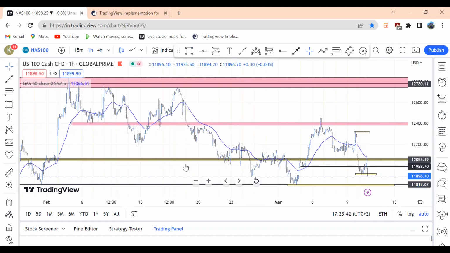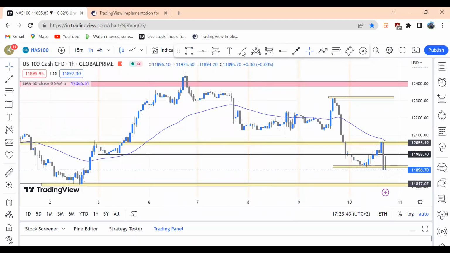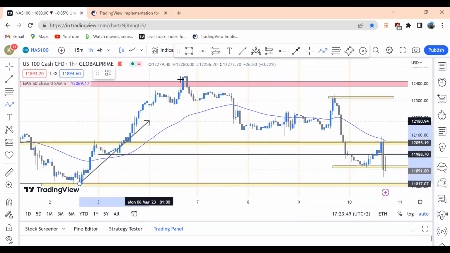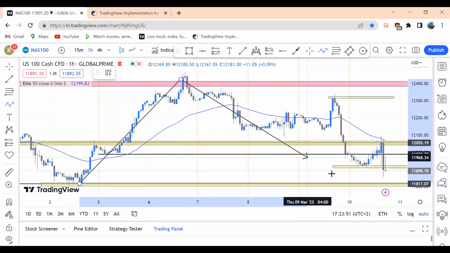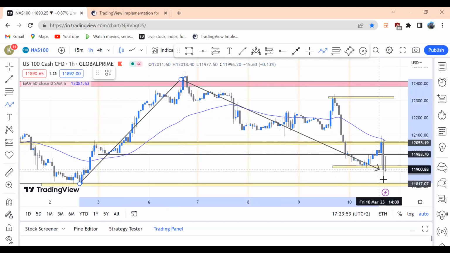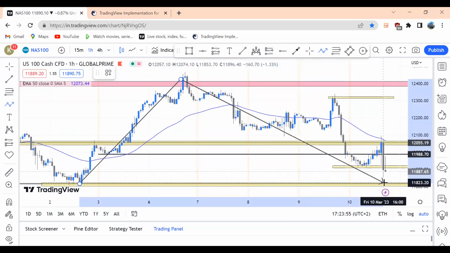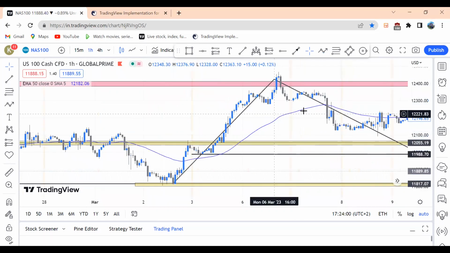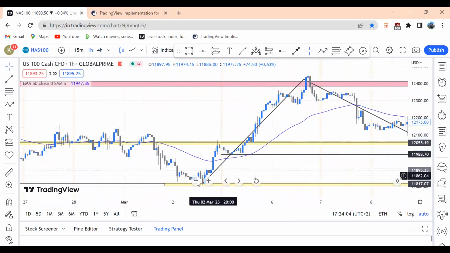So let me just zoom in. As you can see, guys, what I'm expecting is the market reacted off this level, comes back here. If the market comes back here, I can expect the market to push to the upside if my rules are met.